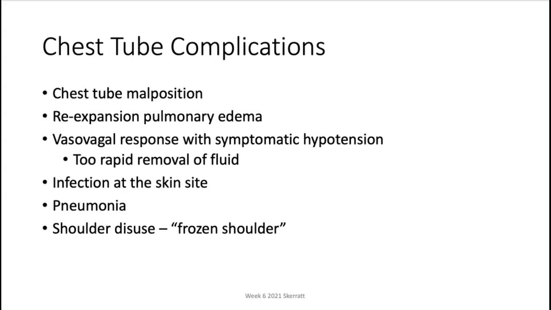Pneumonia can result from not taking deep breaths, not using an incentive spirometer, and splinting on the affected side. Patients with chest tubes need very good pain management because they do have discomfort from having this large tube in place. And shoulder disuse or a frozen shoulder can result from lack of range of motion. All of these chest tube complications can be mitigated or prevented by good nursing care.